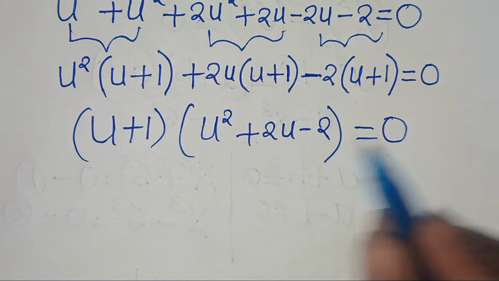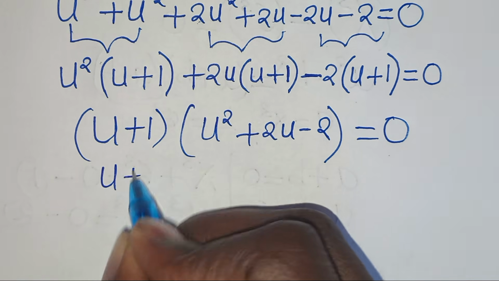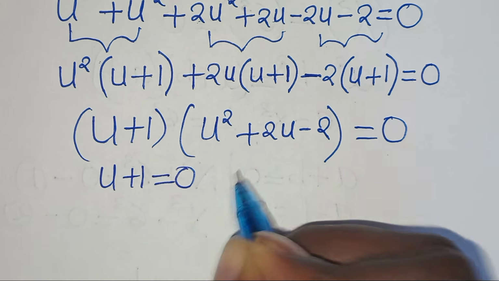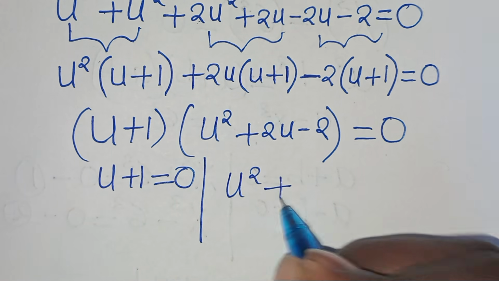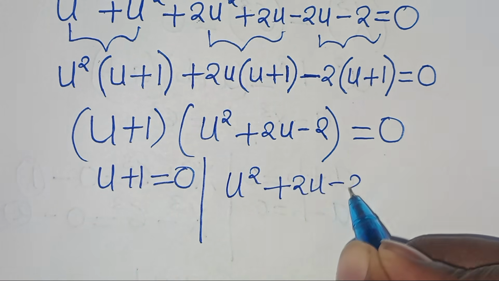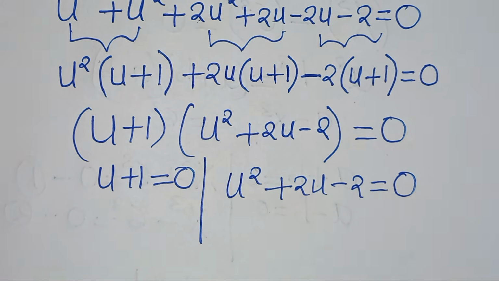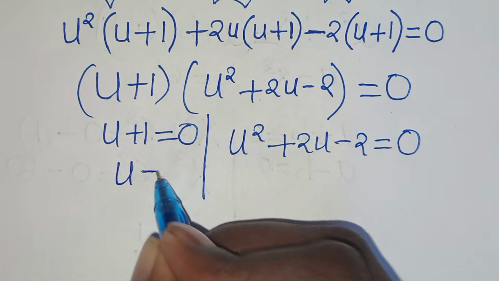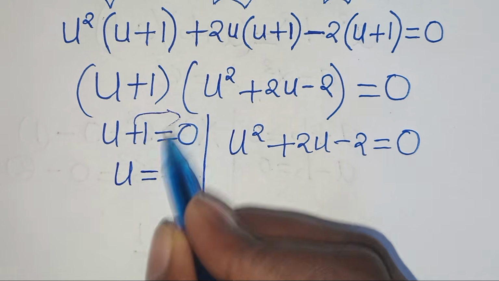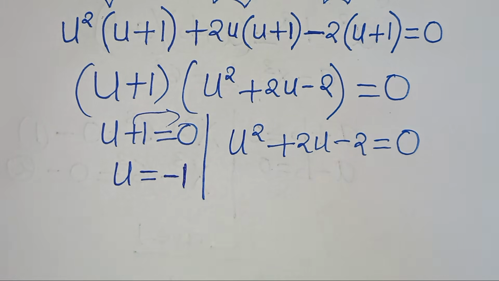So we have got two parts here. We have u plus 1, this is equal to 0. Then we have u to the power of 2 plus 2u minus 2, this is equal to 0. From the first part here, we have that u is equal to, let's take plus 1 on the right hand side, this becomes minus 1.